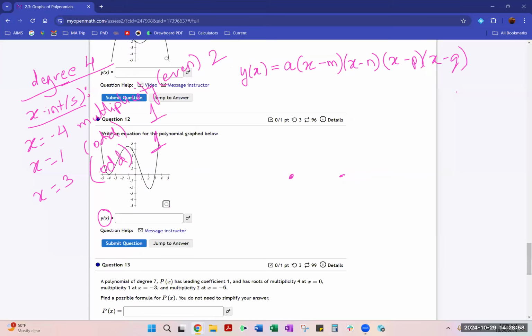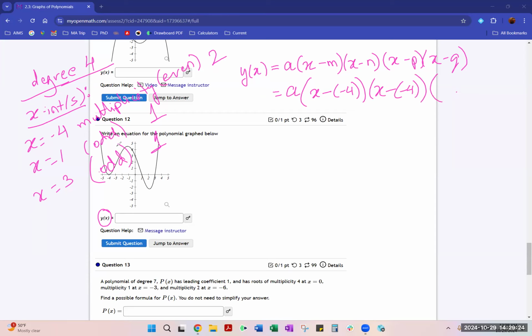So when you write this down in our generic equation here, and again, we're not quite at the a value yet, so leave that as a as it is. We know the factor x minus 4 has a multiplicity of 2. So that's actually going to be x minus -4, and you're going to have this repeating twice because of that multiplicity 2.